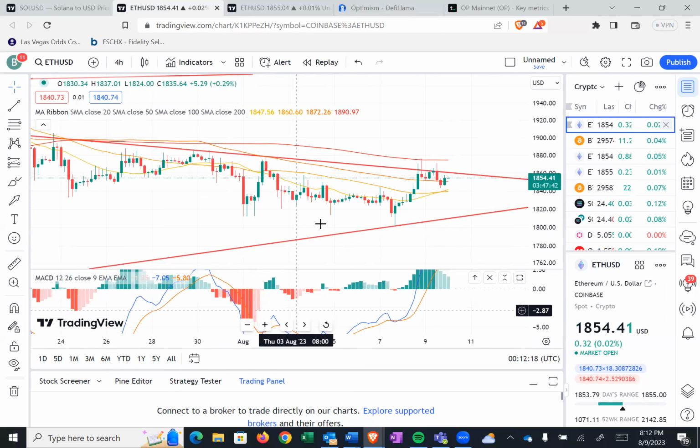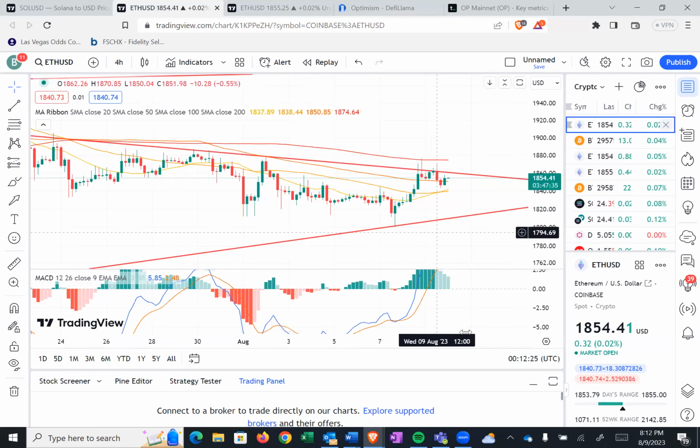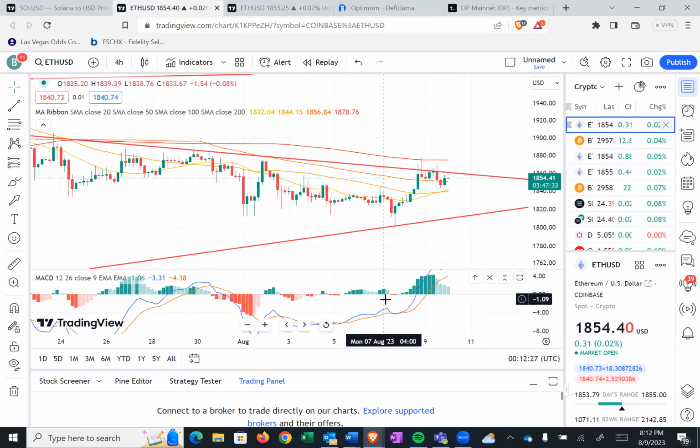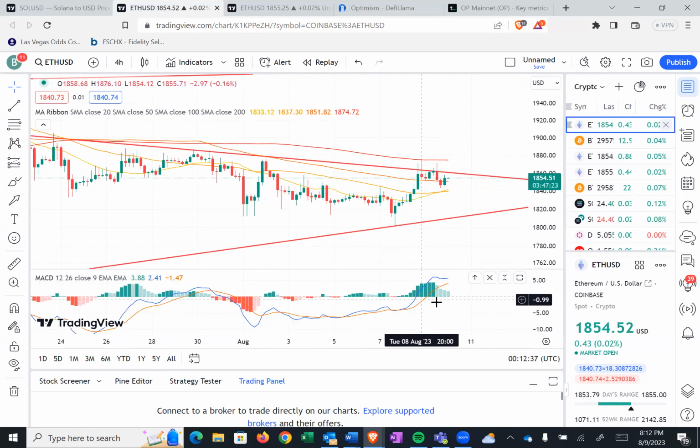So the biggest selling pressure, and it just keeps getting less and less, while we're going up on the 4-hourly. And then we get an explosion of green here, and again the buying pressure is much greater than this buying pressure.